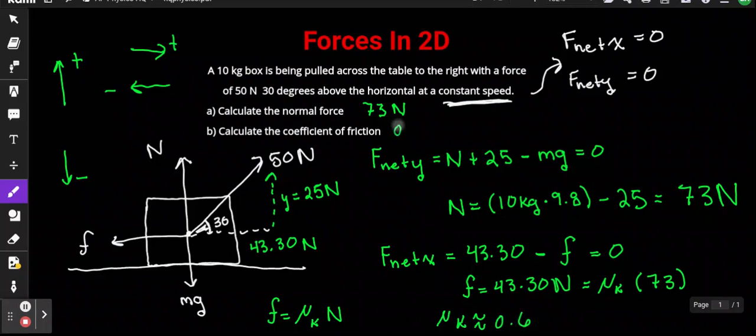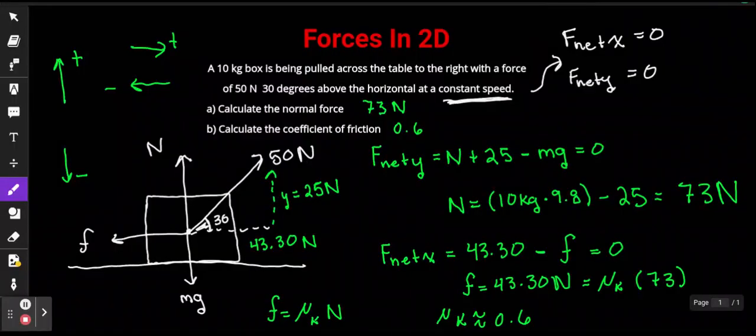So that is the coefficient of kinetic friction. Okay, so completing this first problem, I hope you noticed that we took a look at the forces acting in both the y and x components separately.